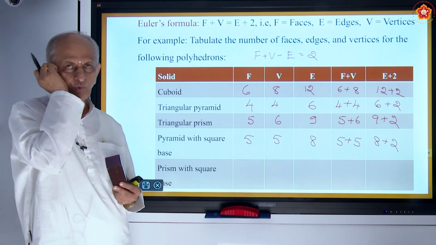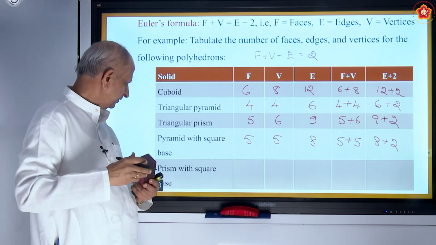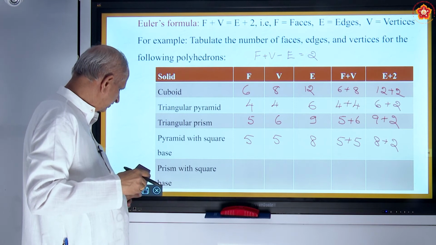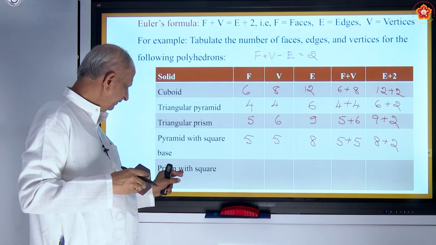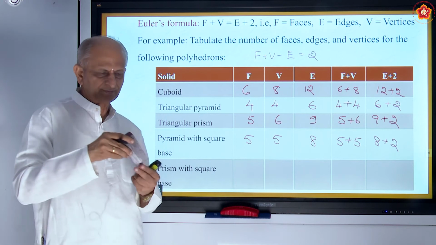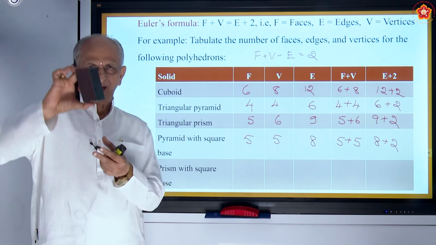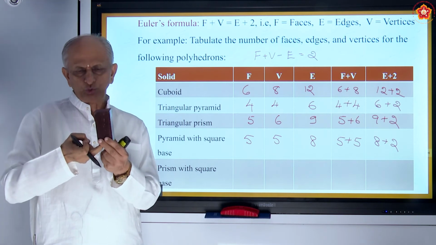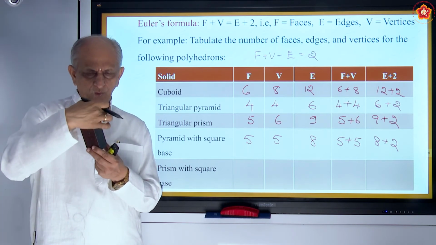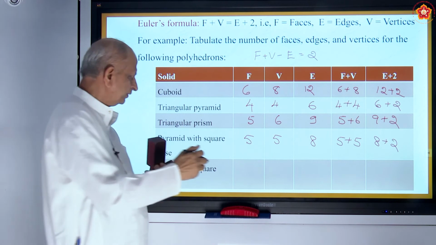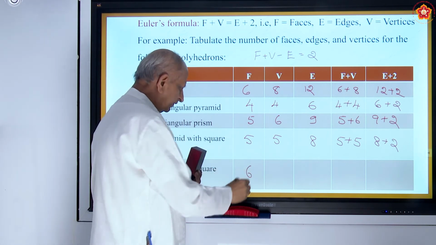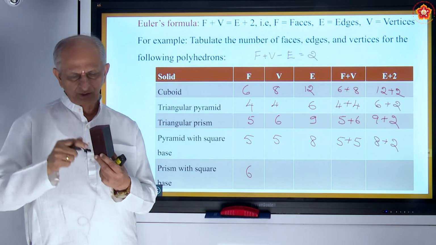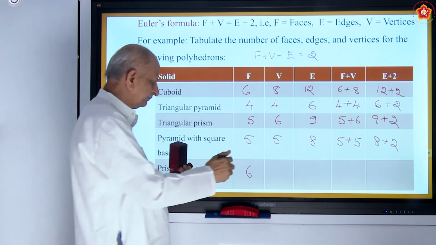sphere, cone, cylinder, etc. Lastly, here in this problem, only one question remains: prism with a square base. So, square based prism. How many faces? 1, 2, 3, 4, 5, 6. So, 6 faces. How many vertices? 1, 2, 3, 4, 5, 6, 7, 8.